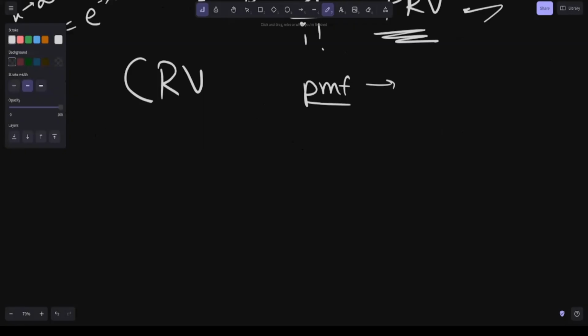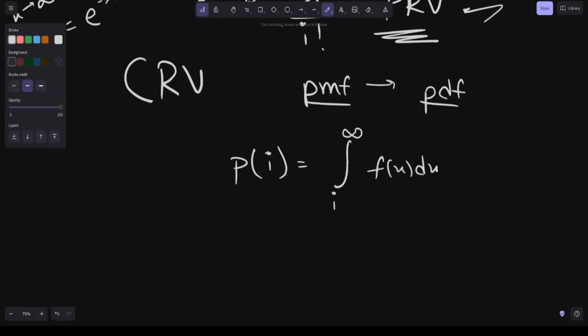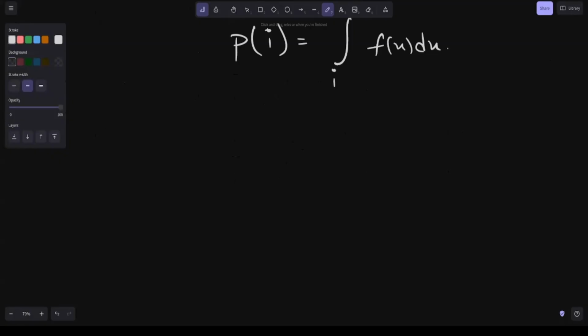Now that will be changed to something called the probability density function, PDF. PDF of i is nothing but the integral from i to infinity of f(x) dx. It's a very simple logic. Okay, so let's do one sum.